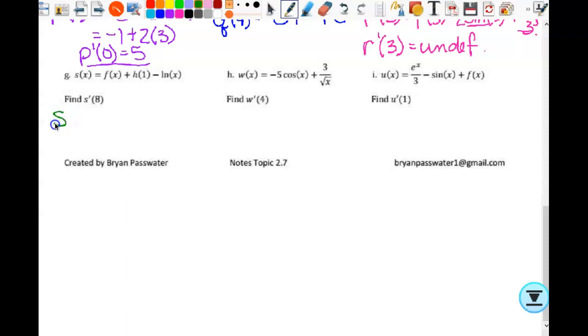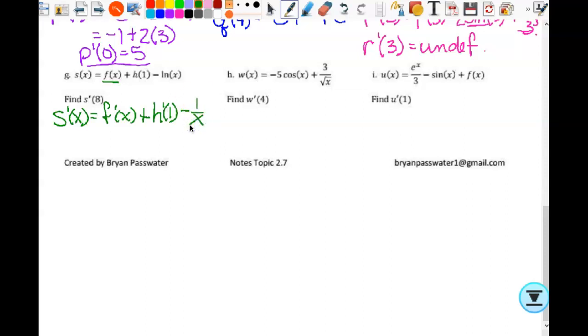All right. So s prime of x equals. What is this first thing going to be? F prime of x plus, what do you think? H prime of 1, yes. And then, what's the derivative of the natural log? 1 over x, so it'll be minus 1 over x.